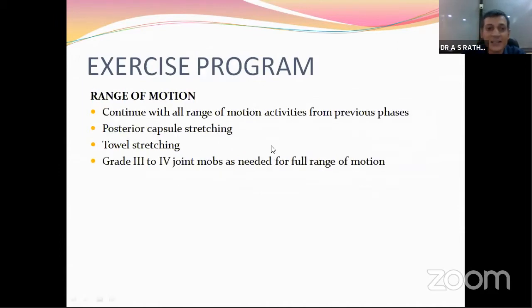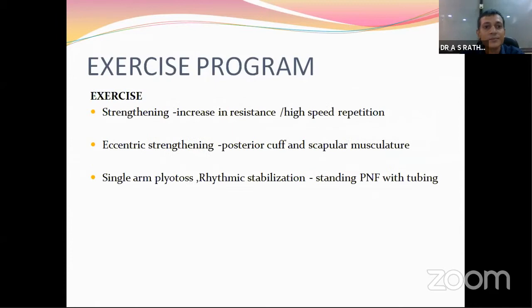We can suggest to the patient that they do towel stretching exercises at home. Grade 3 to 4 joint mobilization is given to the patient to achieve full range of motion. And we can add high speed repetition exercises with resistance.